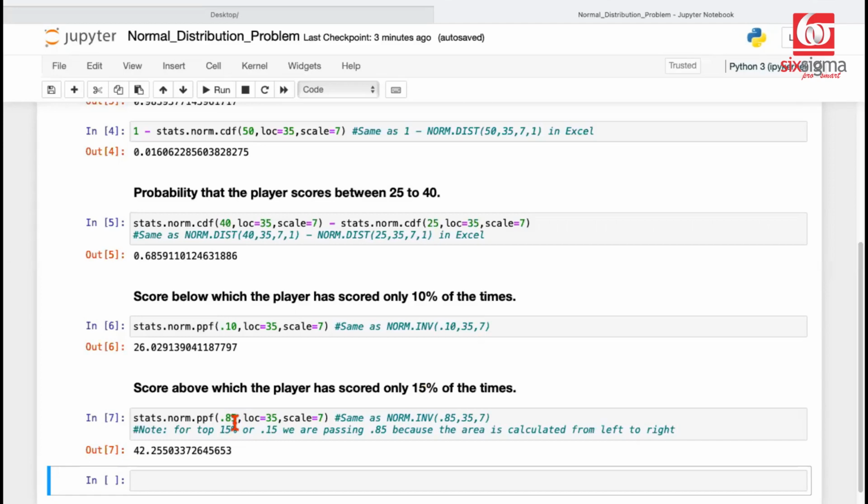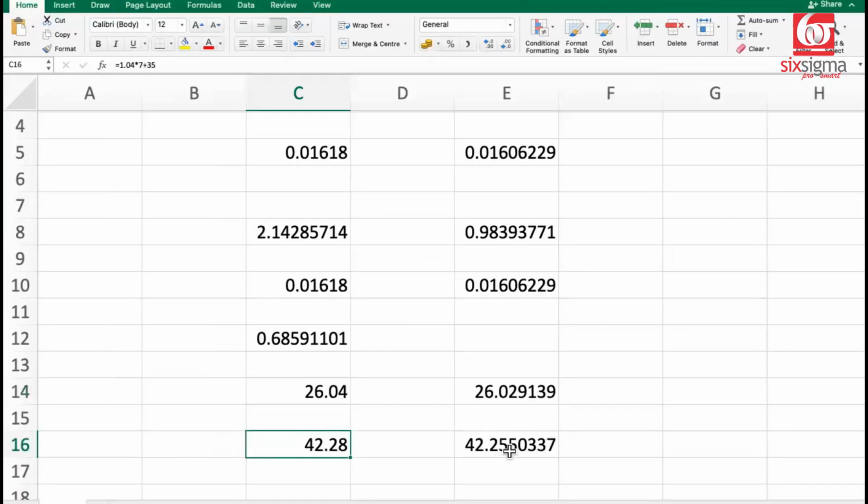So use 0.85 here because the normal distribution curve area is always calculated from left to right. Align it, and then you will get the answer. This is 42.25; 42.28 was the manual calculation, and 42.25 was the calculation in Excel. So irrespective of whether you're doing it manually in your exams or you're allowed to use some tools, if you are clear with the concepts, you will get identical answers.